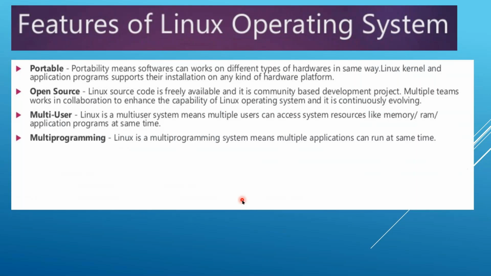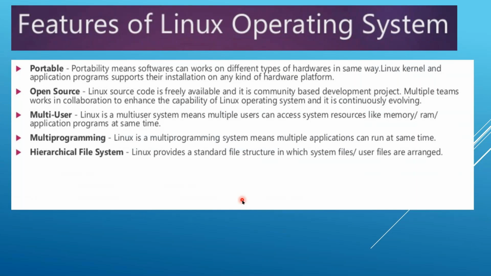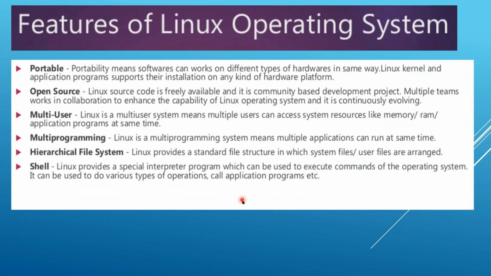Multi-programming, multiple programs you can run at a time. Hierarchical file system: in Linux we have a file system hierarchy. I'll show you that. Shell: Linux provides a special interpreter program which can be used to execute commands of the operating system. It can be used to do various types of operations, call programs, etc.